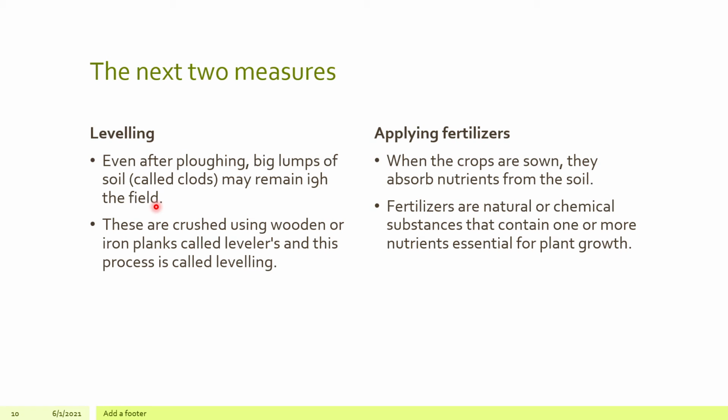Now the second step comes, leveling. So these big lumps, these clods, are crushed using wooden planks or iron planks, called levelers, and this process is called leveling.